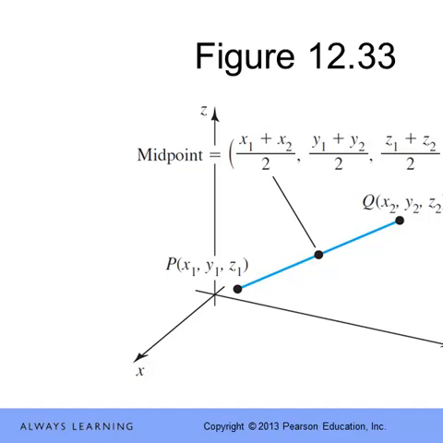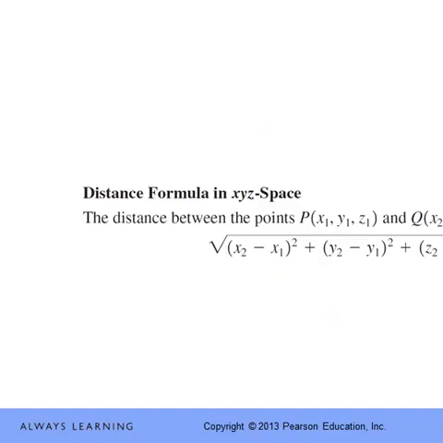If you take a line segment in 3 dimensions that goes directly from point P to point Q, then this midway point is given by the coordinates that are averages of the x, y, and z coordinates respectively. So there's the distance formula. You'll have the chance to do some calculations in your homework.